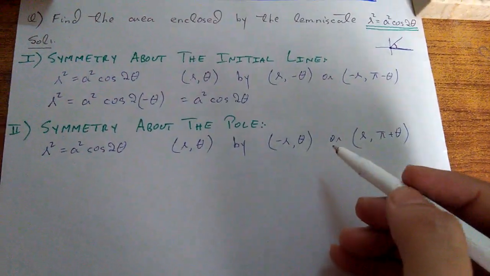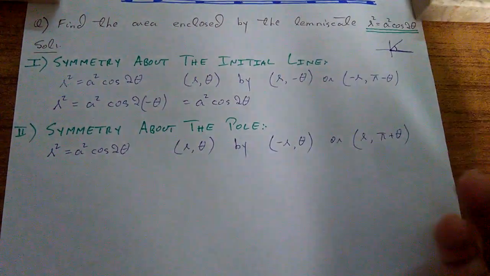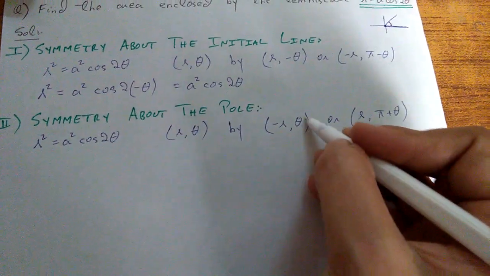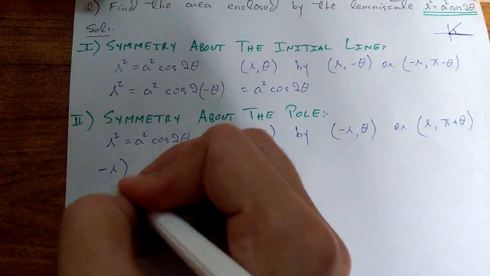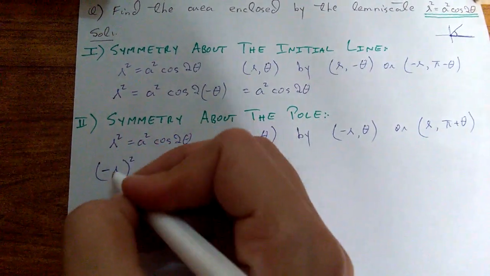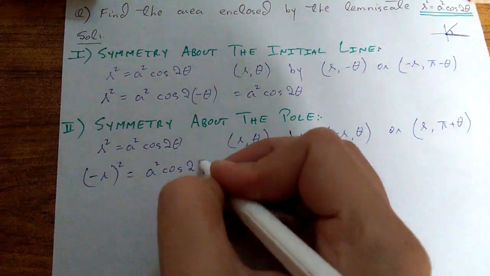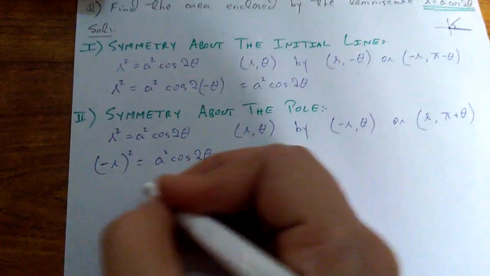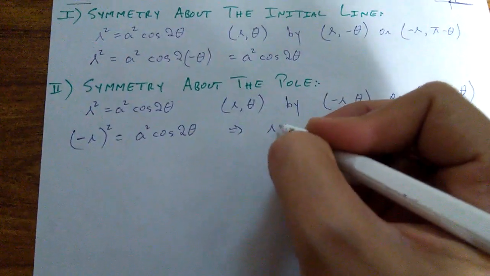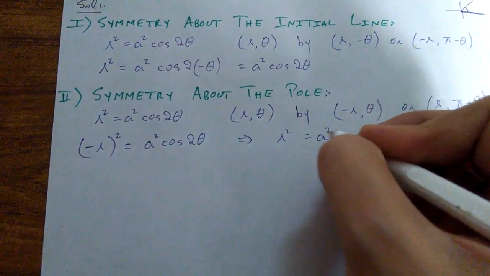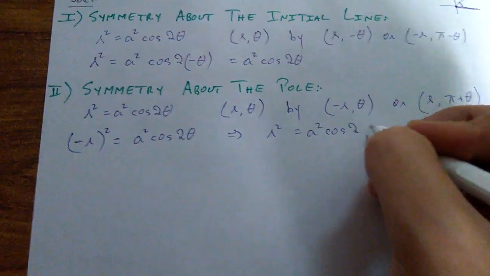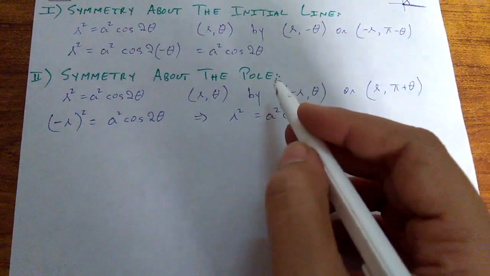I can pick either one, my choice. To save time, I will pick this. Now I will replace r by minus r, and theta is the same. As we have a square here, you see my equation is preserved. So this shows that the lemniscate is symmetrical about the pole as well.